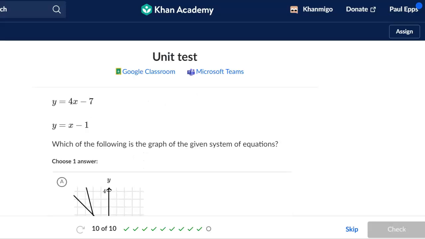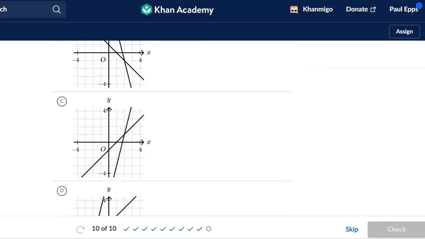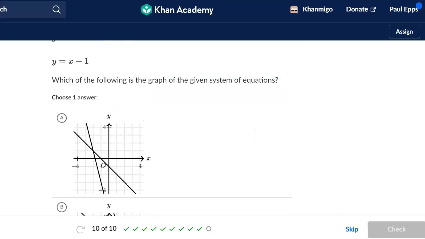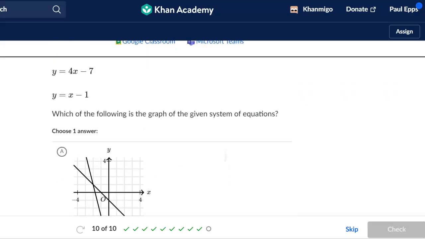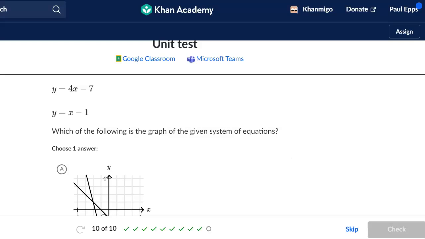Which of the following is the graph of the given system of equations? All right, and then we've got 4 choices. Okay, well, the calculator that's provided with the digital SAT, it's a graphing calculator, and so you can solve a problem like this very easily. But let's do it like this.